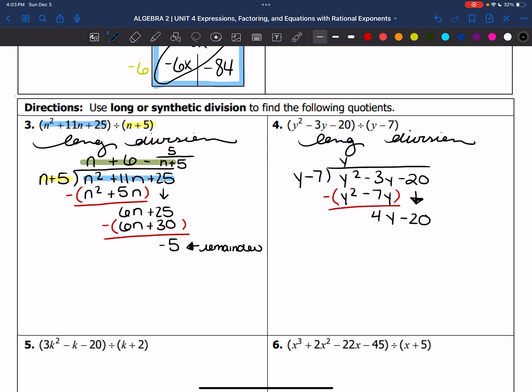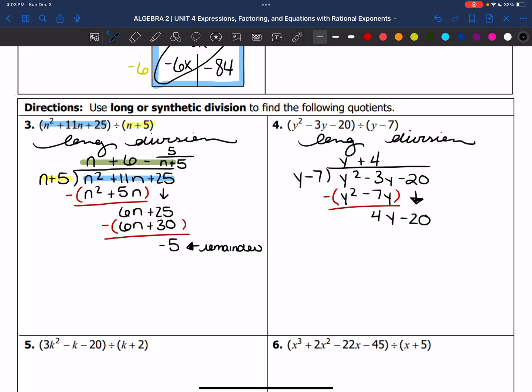What's missing? What would I want to multiply y by to get 4y? Well, that's just going to be a 4. Multiply that 4 by all the terms that are in your divisor.